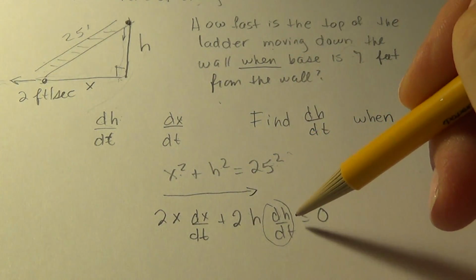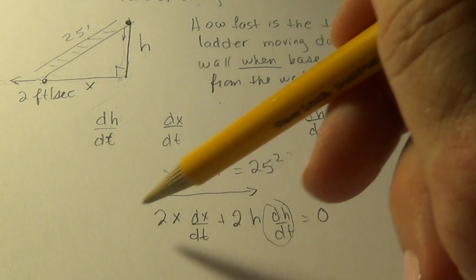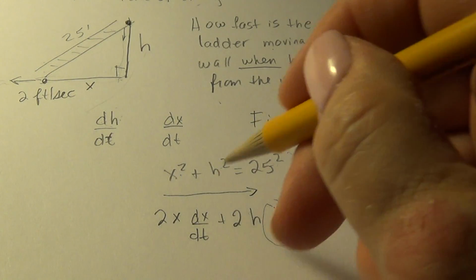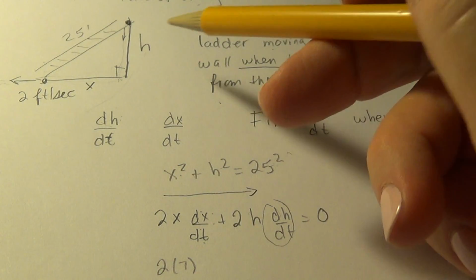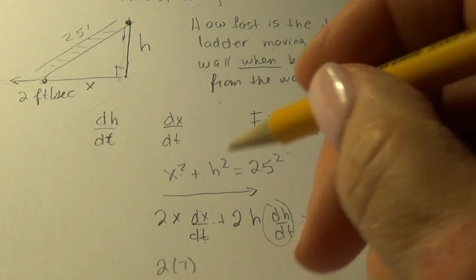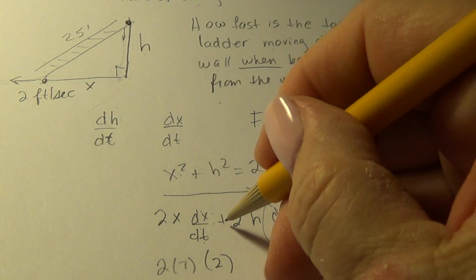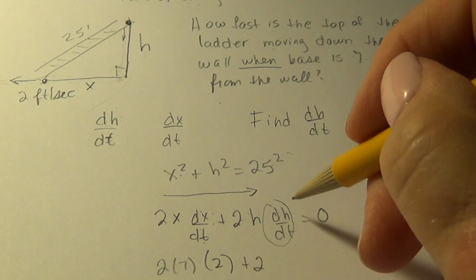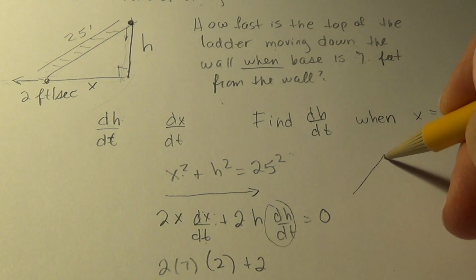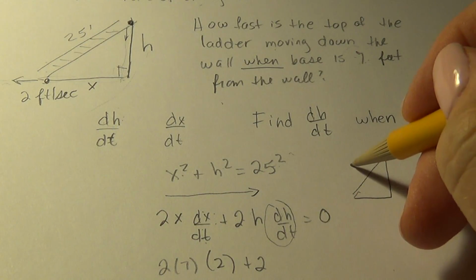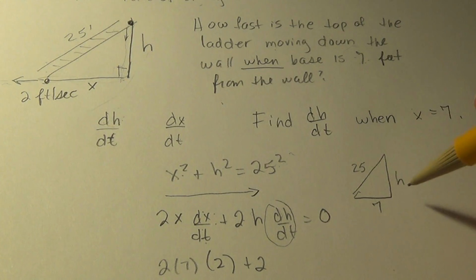Now that we've taken the derivative, we can put in x equals 7, because this is just a snapshot, one moment in time. dx dt, what is the change in x with respect to time? That was also given. It is 2. And we have the plus sign. The height is, at this point, we don't know it, but it can be known because at that moment in time, we've got a 25 going on here, 7 here, so we can get h by using Pythagorean again.